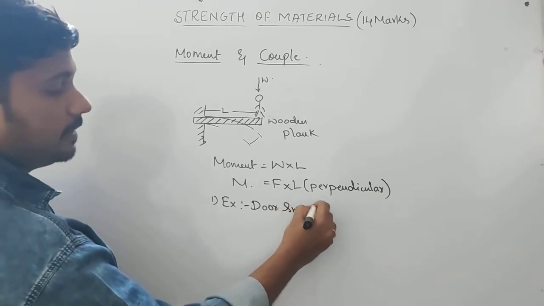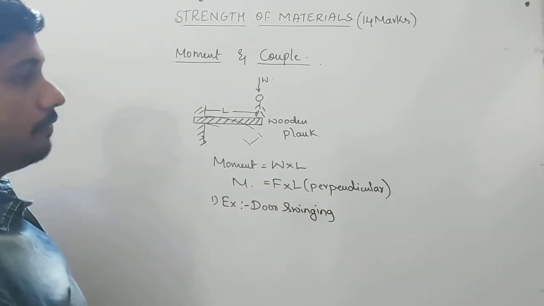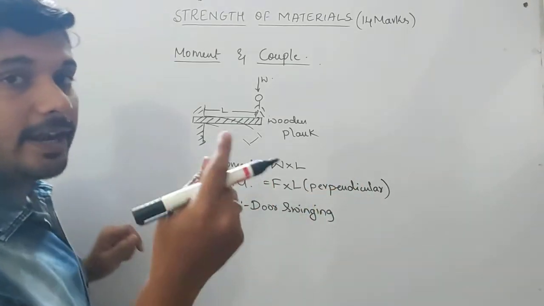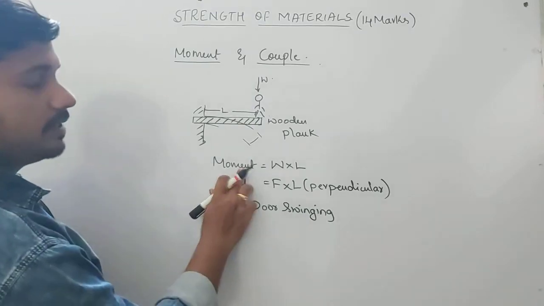A door swinging is one of the best examples. If I want to swing the door, I apply force on one side and the other side is hinged. So that is the moment.